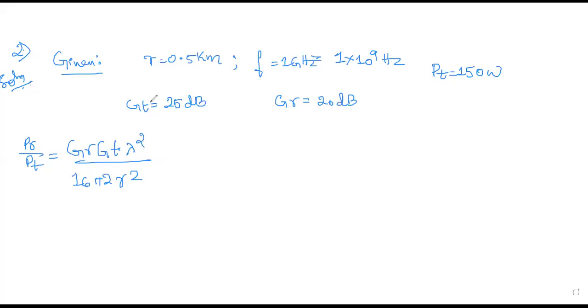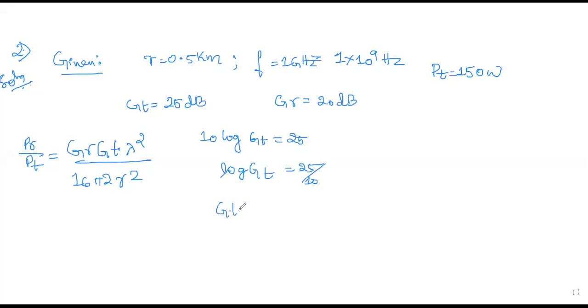But the problem is, whenever the gain is given in dB, you have to first convert it back to the normal value. So GT and GR should be converted first. How do you convert from dB to normal value? It will be converted as 10 log GT is equal to the value given, that is 25. So log of GT is equal to 25 by 10.